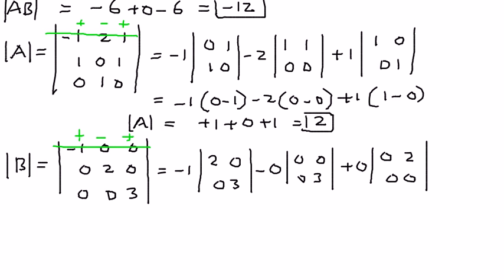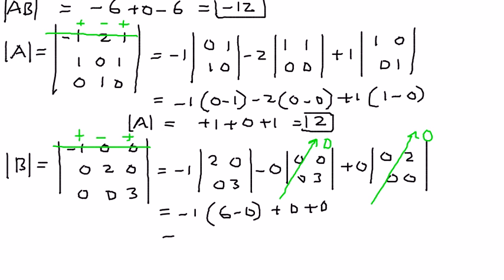Here I just wanted to write it out and show you, but as you can see, 0 times the minor is going to go to 0, so we can discard that information. All we need to do now is just expand this part of it. Negative 1 times 2 times 3 is 6, 0 times 0 is 0, and then plus 0, we can discard those zeros anyway. So negative 1 times 6 is negative 6. So therefore the determinant of matrix B came out as negative 6.